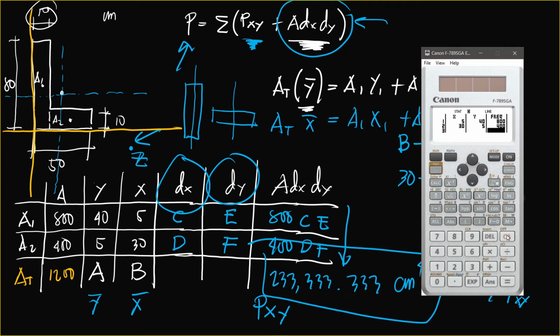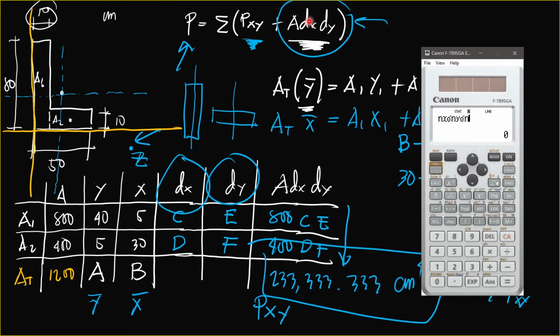Then press AC. You will see N, which is the area on this calculator. Then again, press DX times DN, number 3 multiplied by number 6.